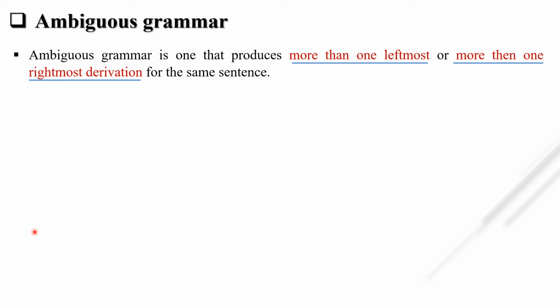Let's understand with an example. Suppose we have a grammar S goes to S + S, S * S, and a, and the string is a + a * a. If we are able to draw two parse trees for this sentence, then we can say this grammar is an ambiguous grammar. It may be more than 2, 3, 4. If we draw more than one parse tree, then we can say this grammar is ambiguous.